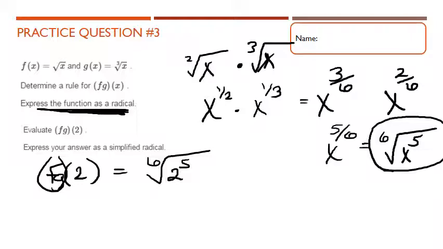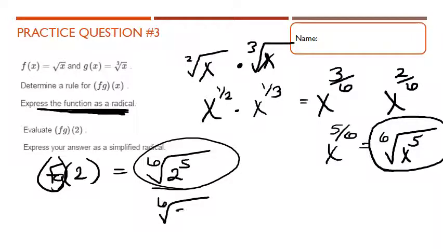You could leave it like this. So as a simplified radical, it would be that right there. Okay? Now, you could go ahead and multiply out the 2 raised to the 5th, and that gives you 32. So you would have the 6th root of 32. Okay, either way, those two are correct.